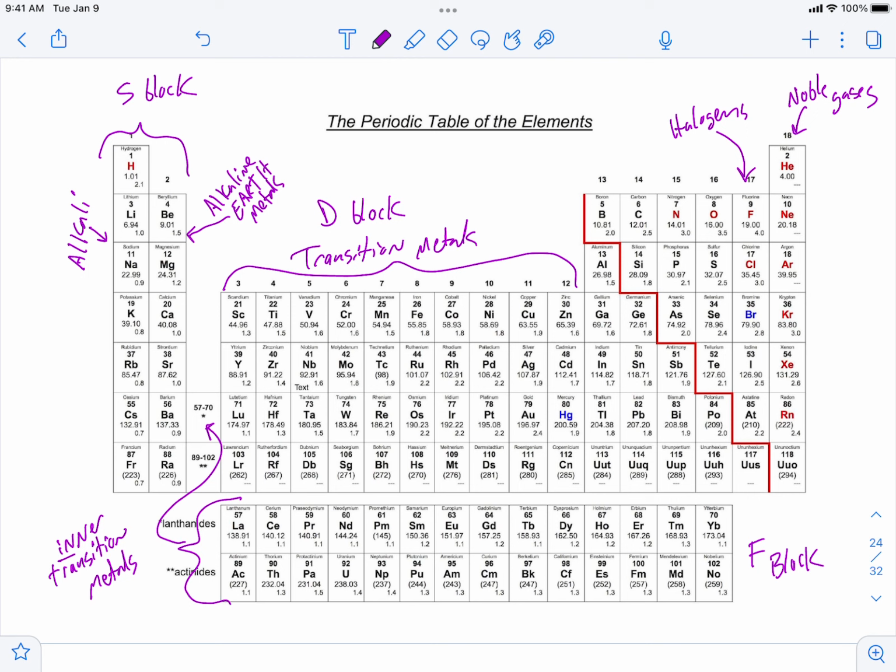There's two rows in the F block. They have another name. The 4F, the first F here, is known as the lanthanides. The second F is known as the actinides. And the reason why they have those names is because it's named after the element that starts that row. Lanthanum, actinium. Those names are not really important. I'm not really going to hold you to those. Just know that that whole thing is called the inner transition metals.